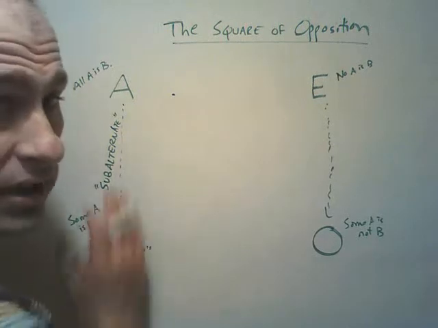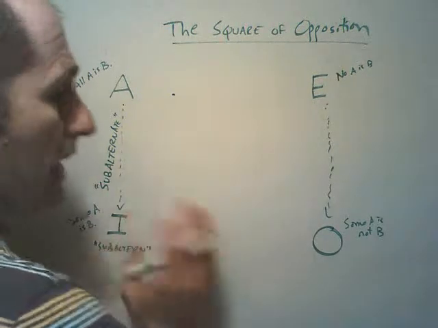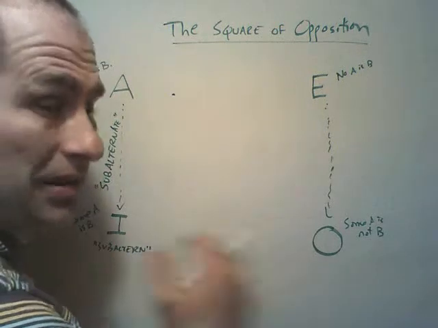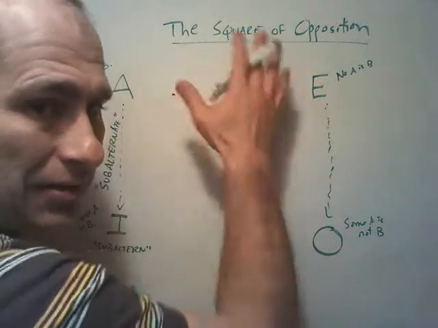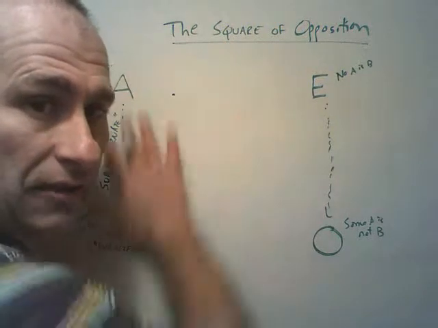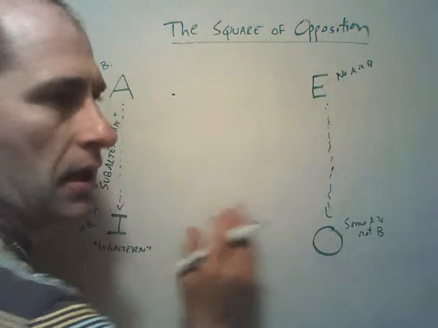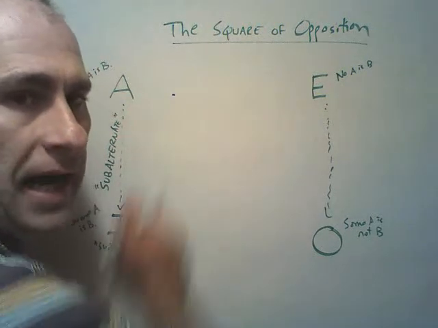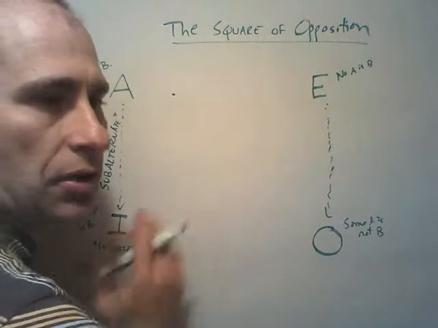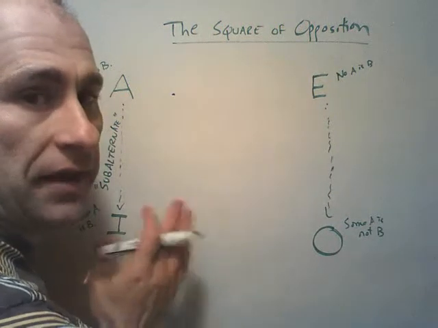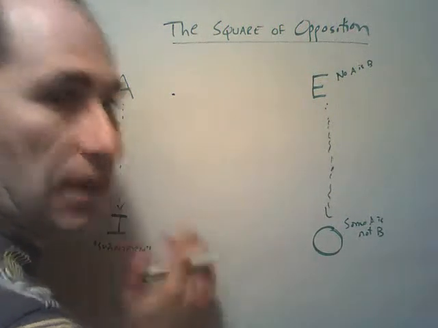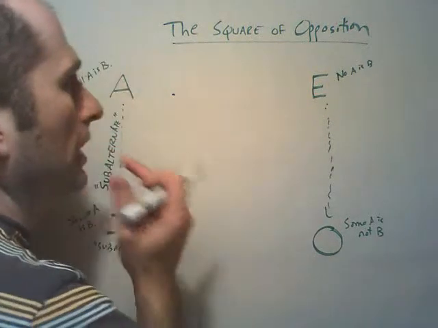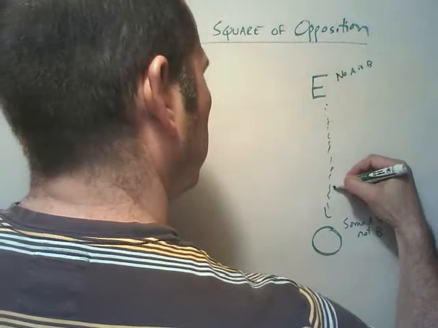It's the subaltern to A. And the idea is, and there is actually some debate about this, but this is what we have to assume when we're working at this in first blush, the first approach. If A is true, then I is also true. That's the relationship between the subaltern. So if all dogs are things that have fleas, then some dogs are things that have fleas. That holds too.